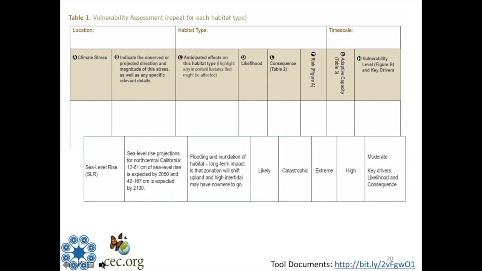So table 1 looks at the vulnerability assessment process. This was actually the summary table that you'll take from beginning to end. You start with your climate stress for your habitat and the time scale is identified. Climate stress on the left, you will work that through all the way to a relative vulnerability for that habitat type or system component that you're most interested in.